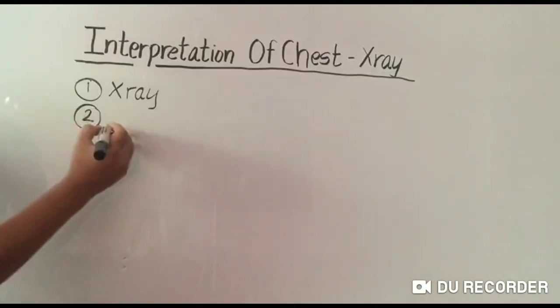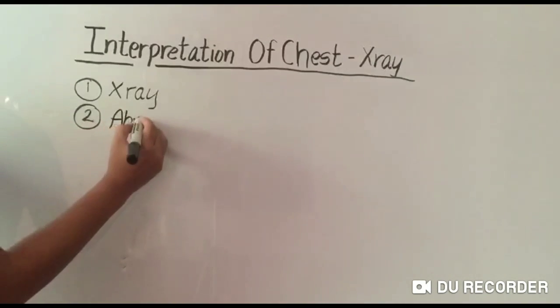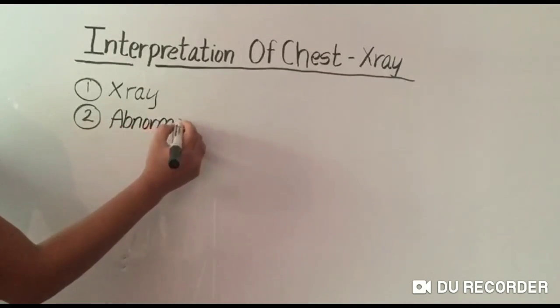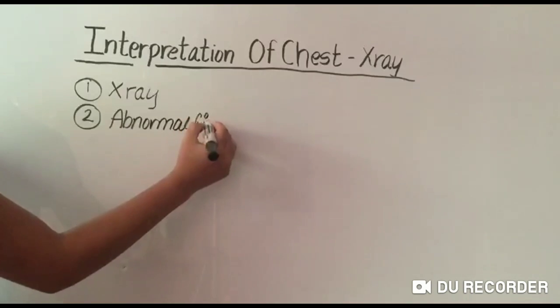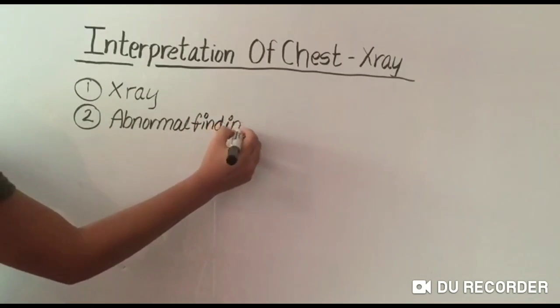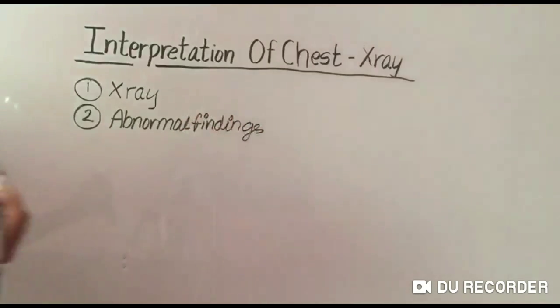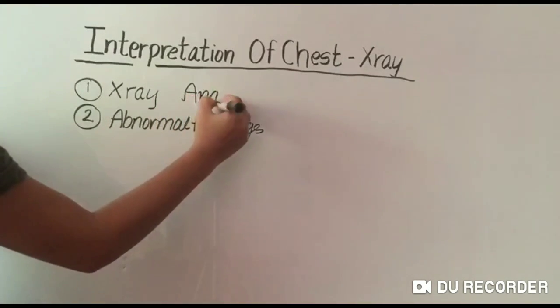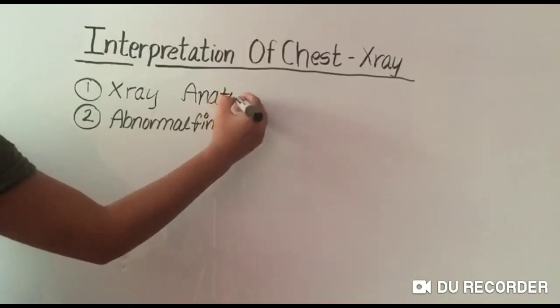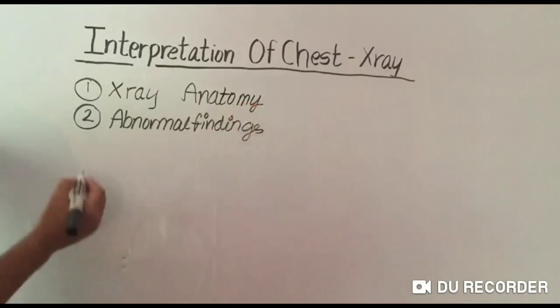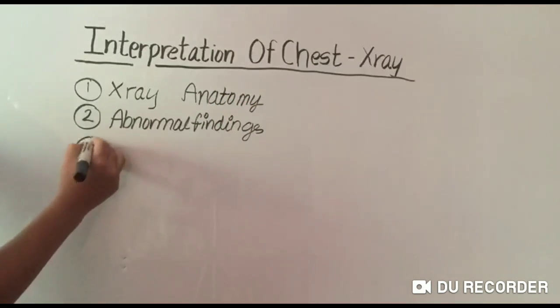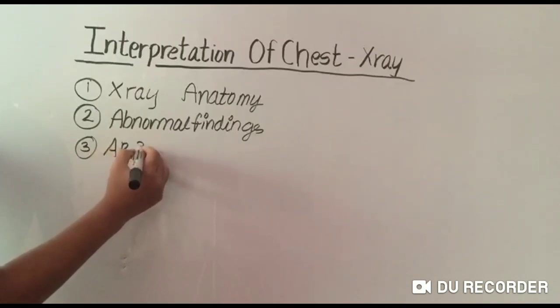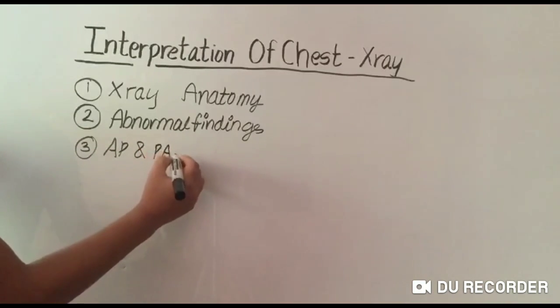Second, we will discuss the abnormal findings in chest X-ray. We will also discuss the anatomy of the chest, normal anatomy, what we can see in the chest, about anterior-posterior and posterior-anterior views.